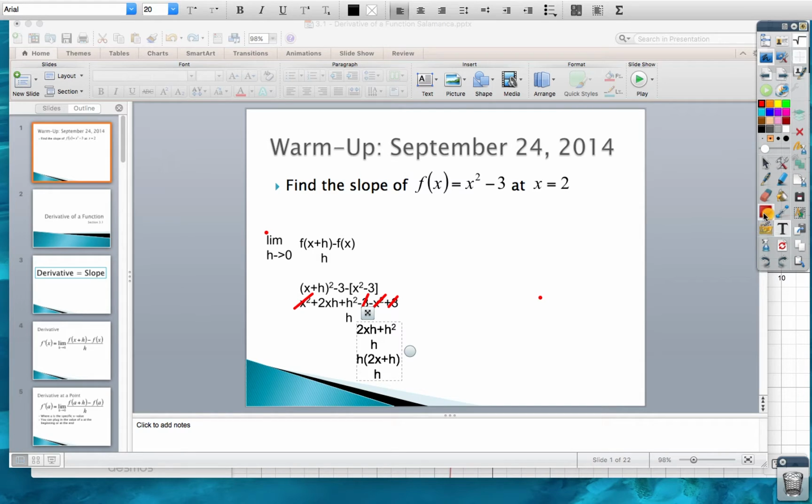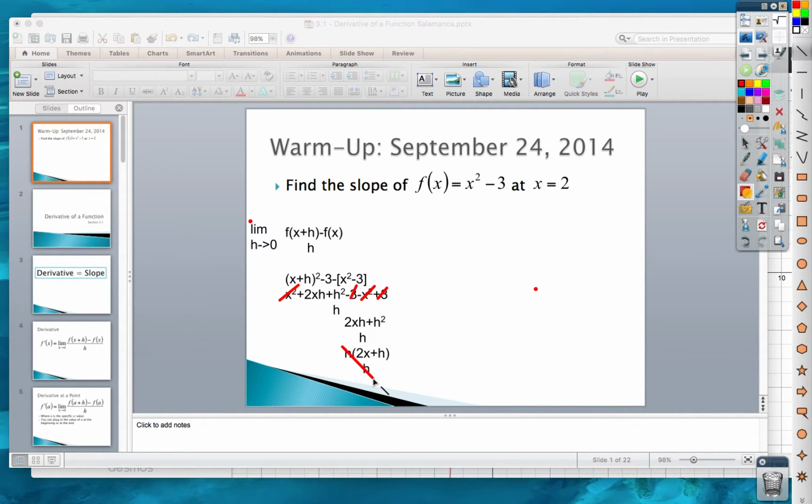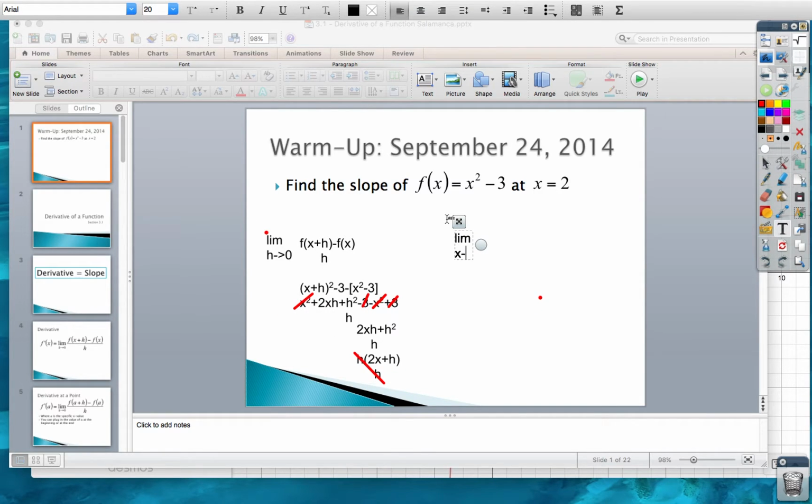The h's will cancel out. And then remember, we're looking at this for the limit as h approaches 0 for the function 2x plus h. So if we substitute the limit here, where h approaches 0, you'll notice that we are left with 2x.